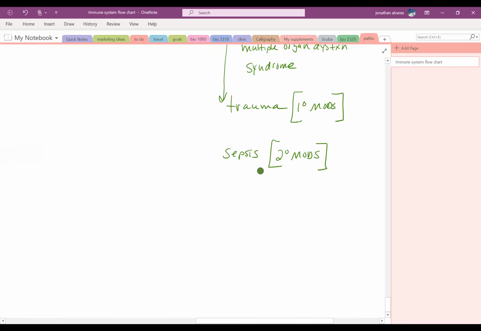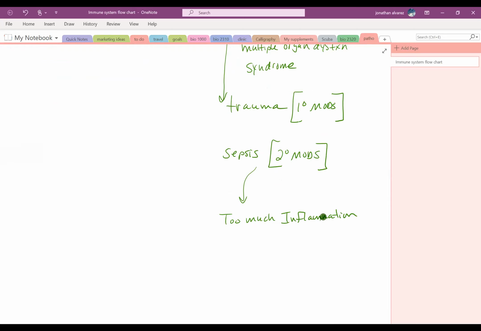And the consequences of the sepsis is too much inflammation. Usual suspects we've talked about, with the recruitment of white blood cells and tumor necrosis factor and interleukins and so on.